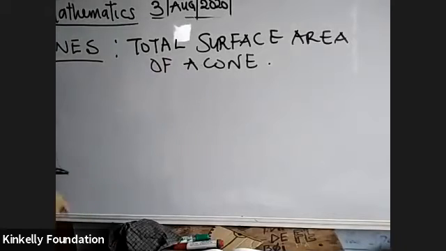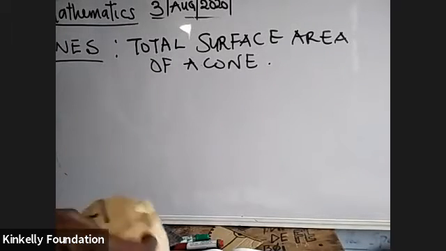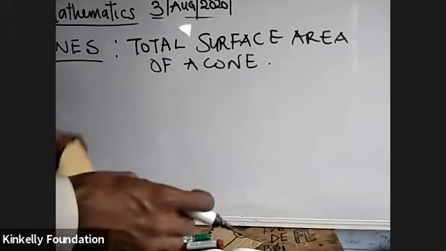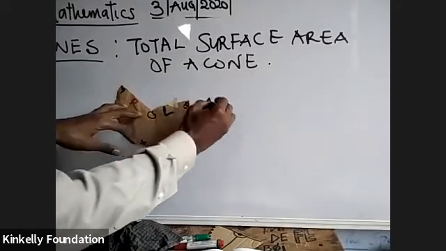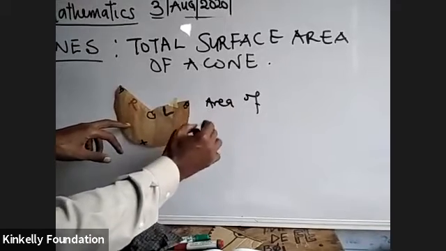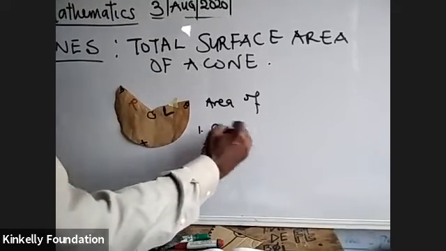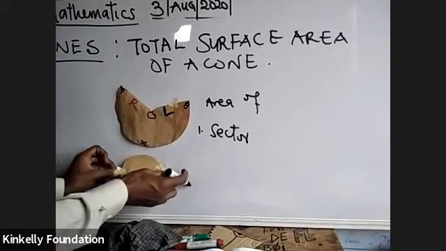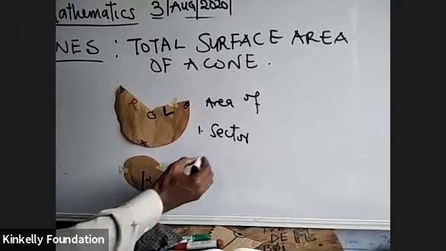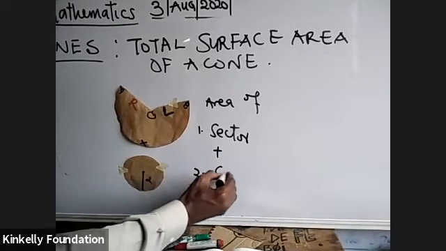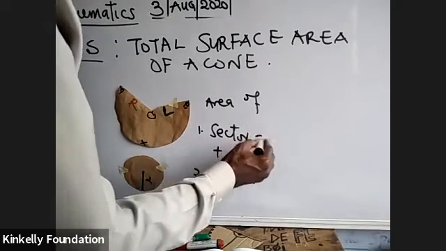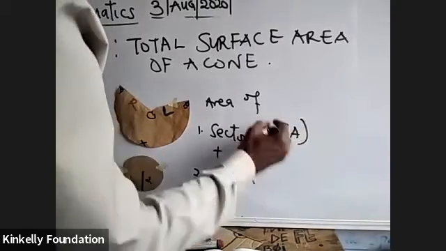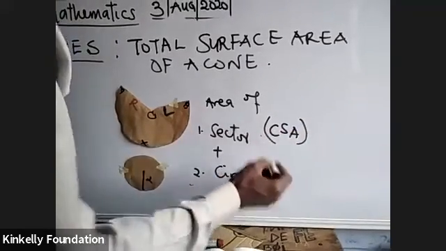The total surface area of a cone is the area of the sector we have considered, the area of one sector, plus the circle. The TSA of a cone is the CSA, the area of the sector, and that of the base.